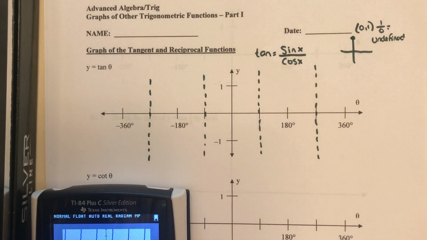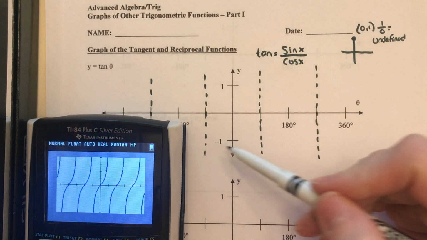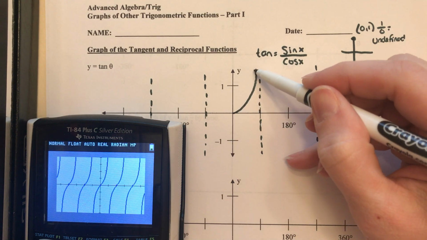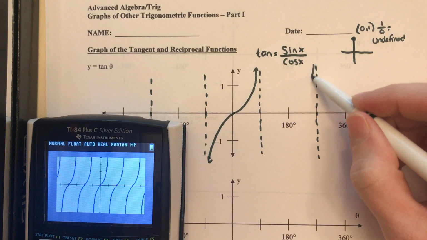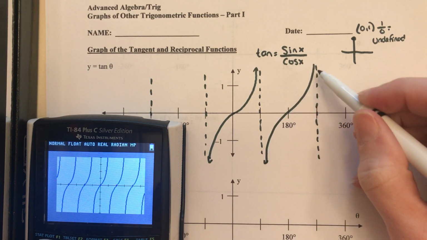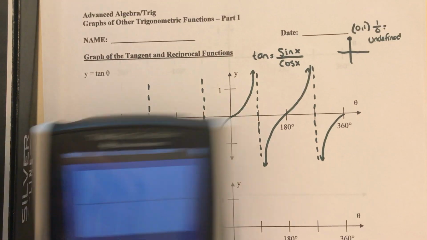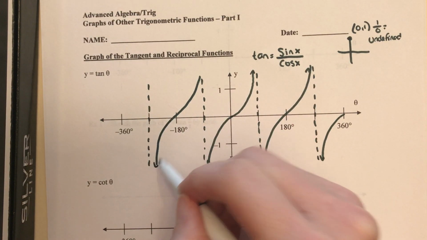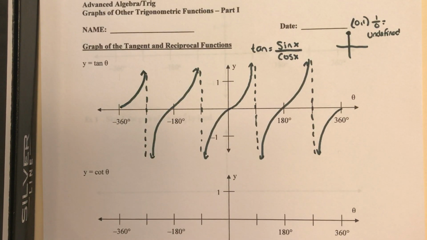And then if we look at the different values of tangent between negative 90 and 90, it makes this curve. And then it repeats. And it goes on forever and ever.